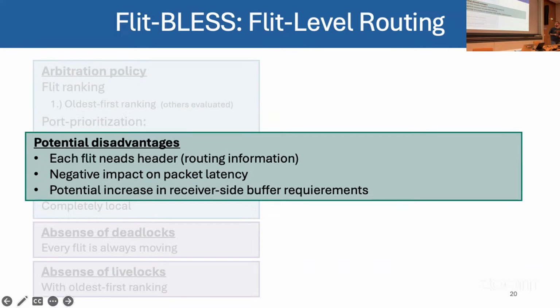There's also a potential increase in sender and receiver side buffer requirements, because there's no guarantee that the FLITs will arrive in order, or within a certain time span. Potentially FLITs from many different packets arrive at a receiver, and then the FLITs have to be buffered until all of the other FLITs of their packets arrive.